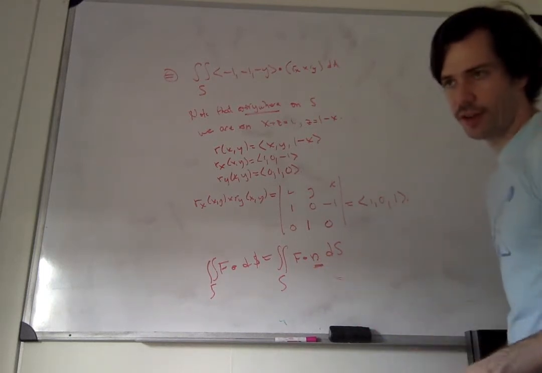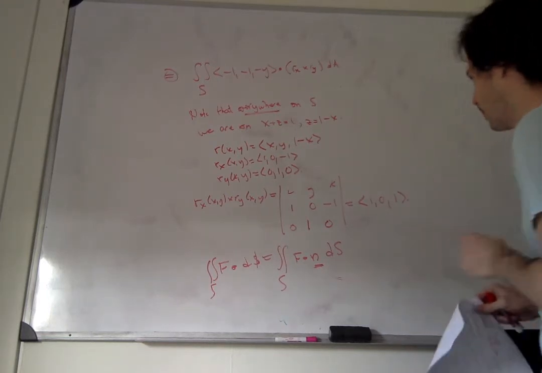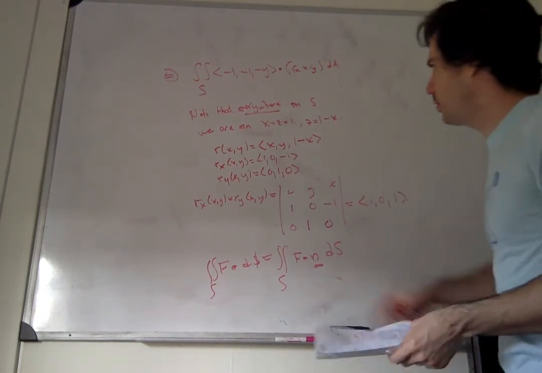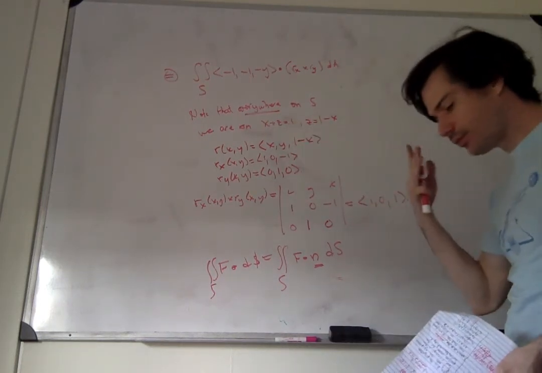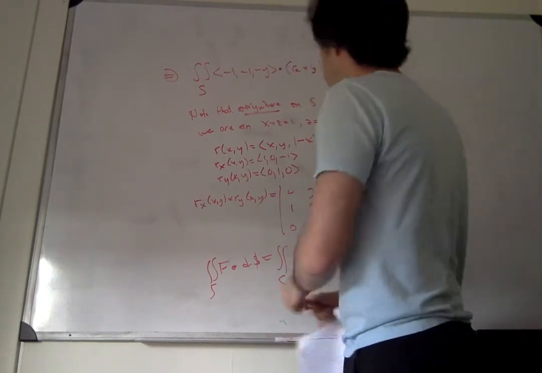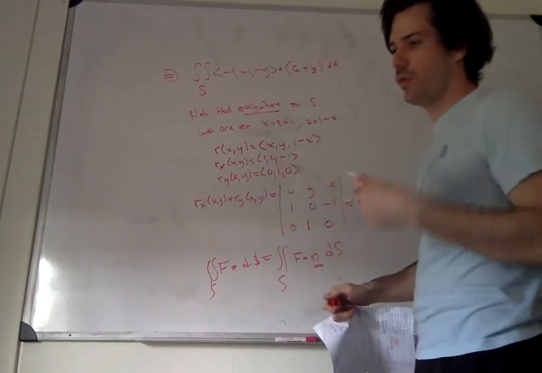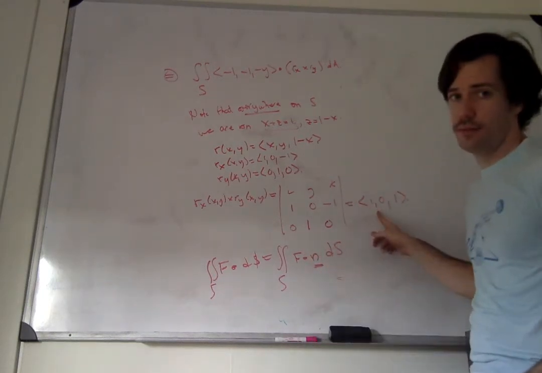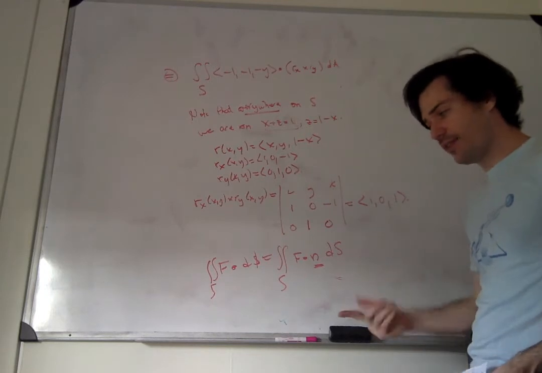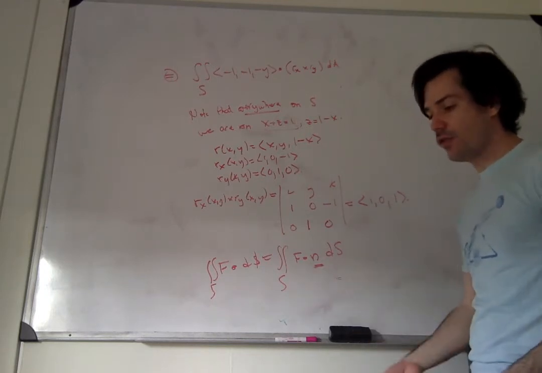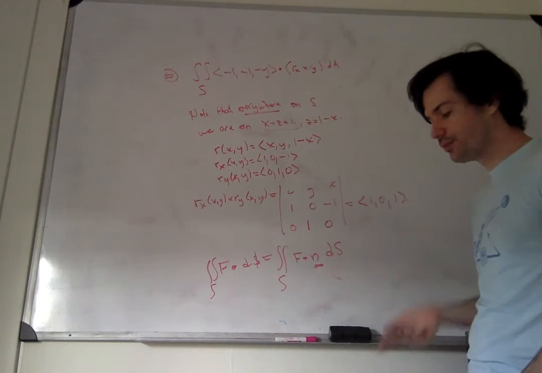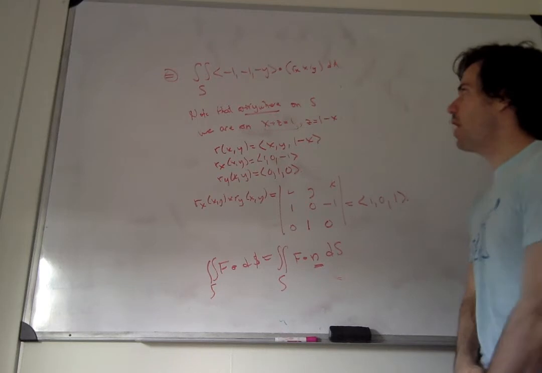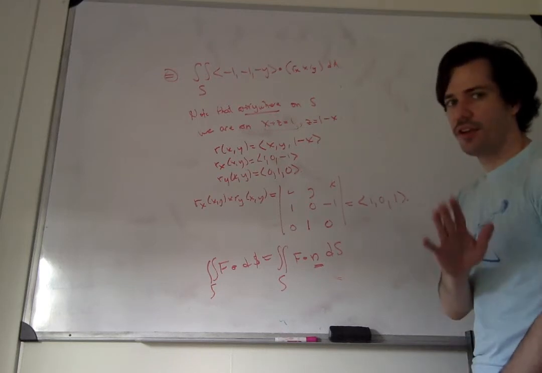Well, n is a unit normal vector, normal to the surface. Well, obviously the surface is this plane, and so again, it's utterly obvious, right? What is normal to this? Well, it's 1, 0, 1. Okay? That's what you got. But you need to normalize it if you're doing n. So now you divide it by the square root of 2. Perfect. What's the problem? Why didn't I do that? I'll tell you why.